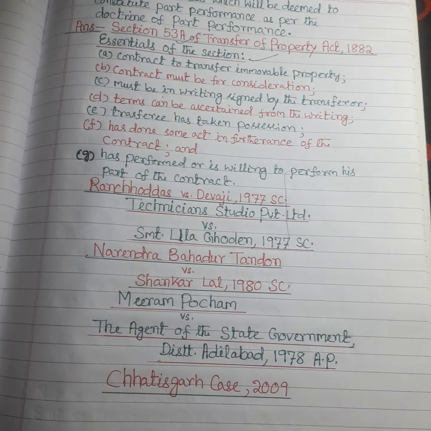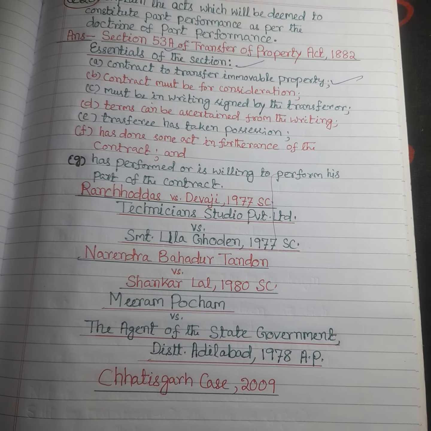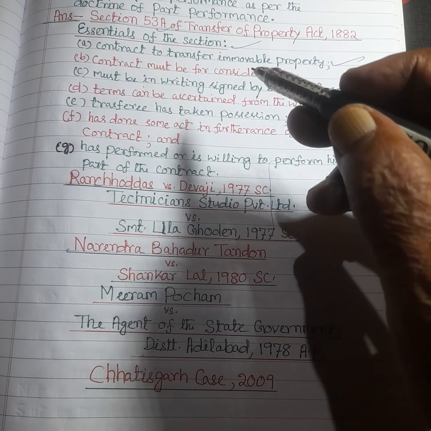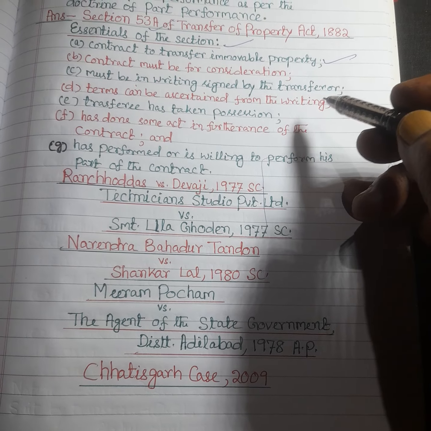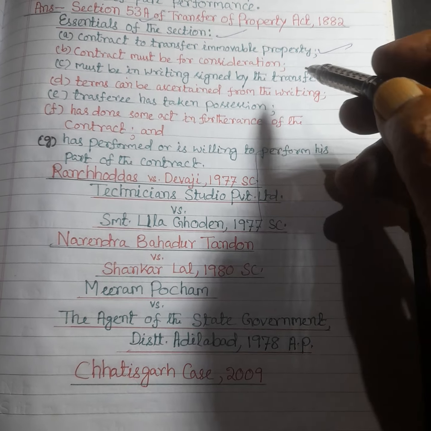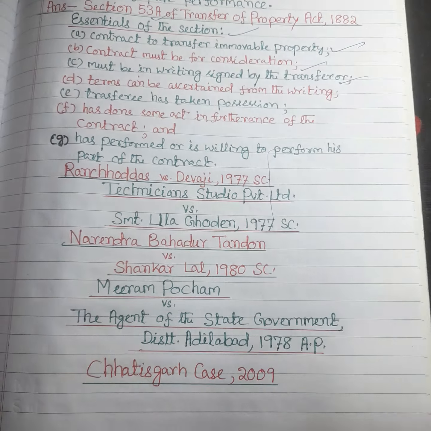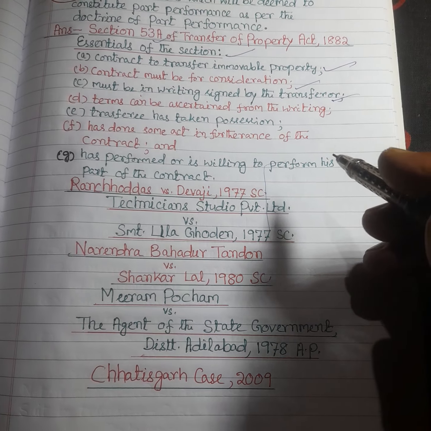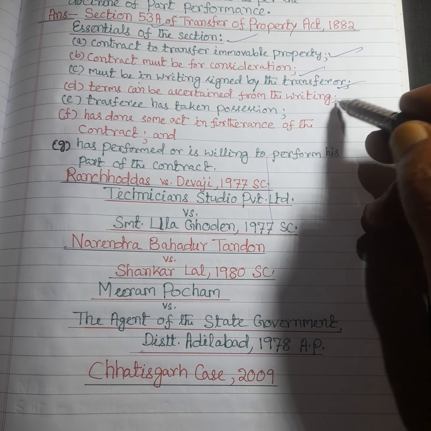So, one is a contract to transfer immovable property, and the second one is that it must be in writing and signed on behalf of the transferor, and also it must be for consideration. And the fourth one, the terms can be ascertained from the writing.